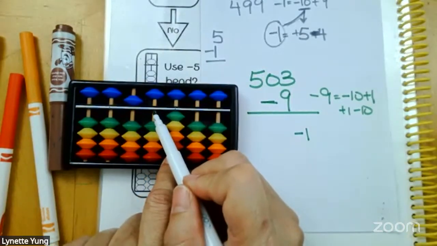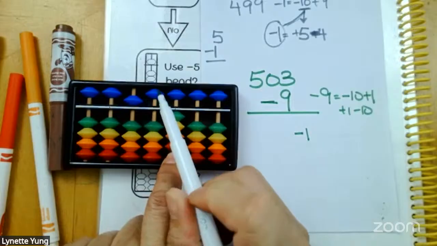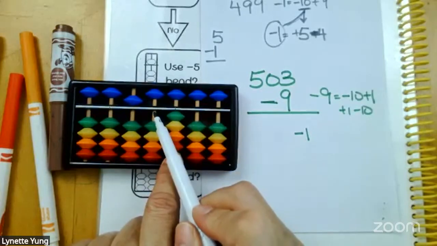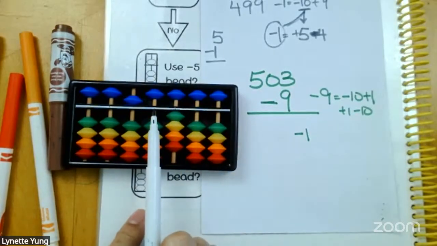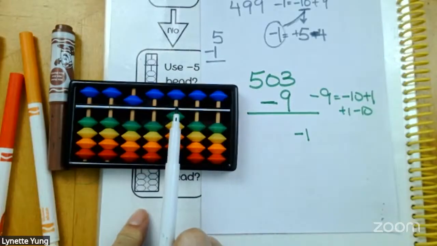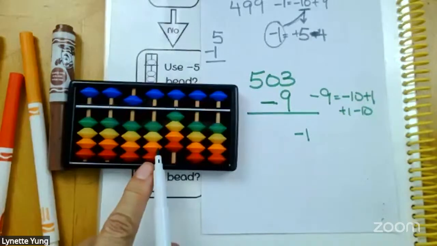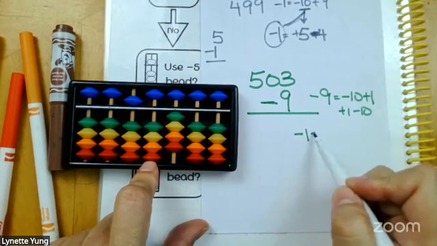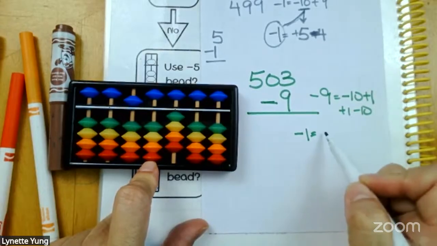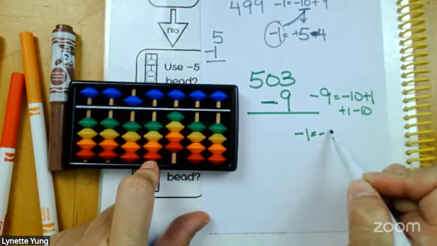Could you minus the 1 there? No. So Avram, look at me. It says 10, 1, 0, 1, 0. Do you see 1 here? There's no more room to take away 1. So what do I do to take away 1? Minus the 5.